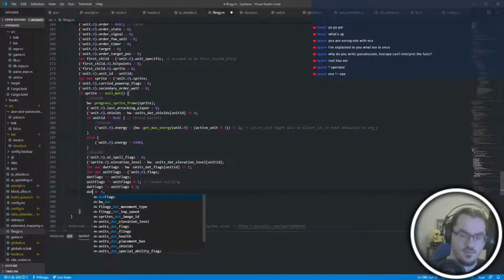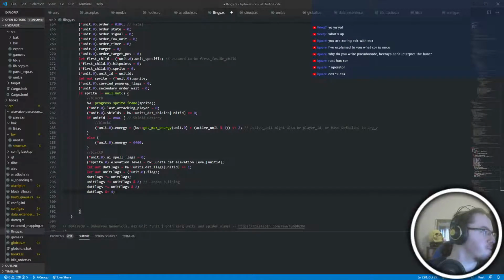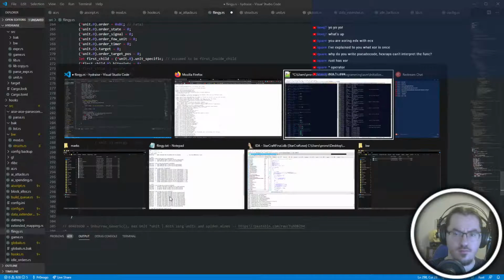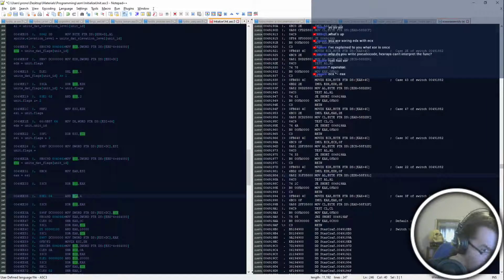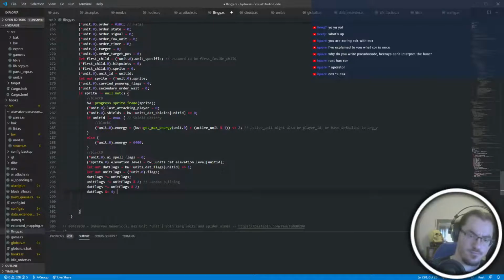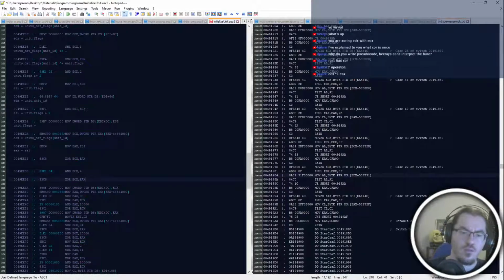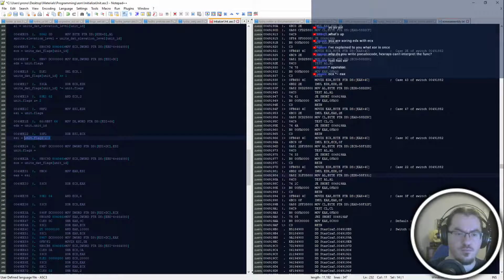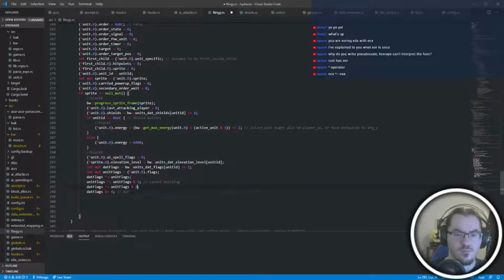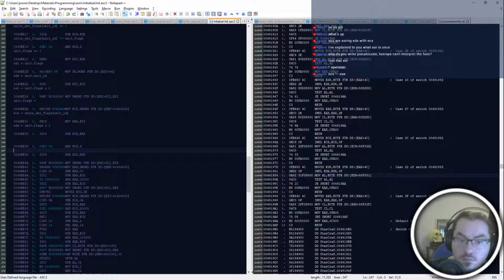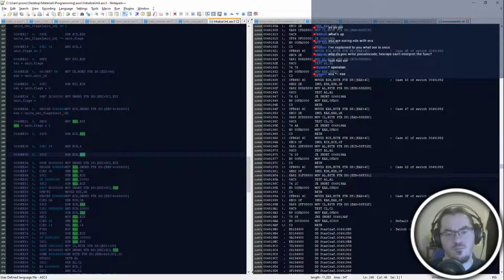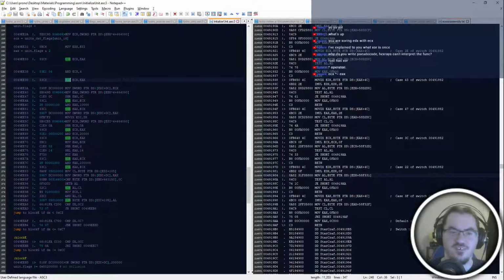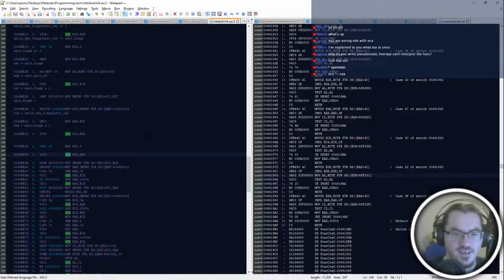Oh no, that's dat flags. Right. How many more XORs are there? Oh dear. That's a lot of XORs.